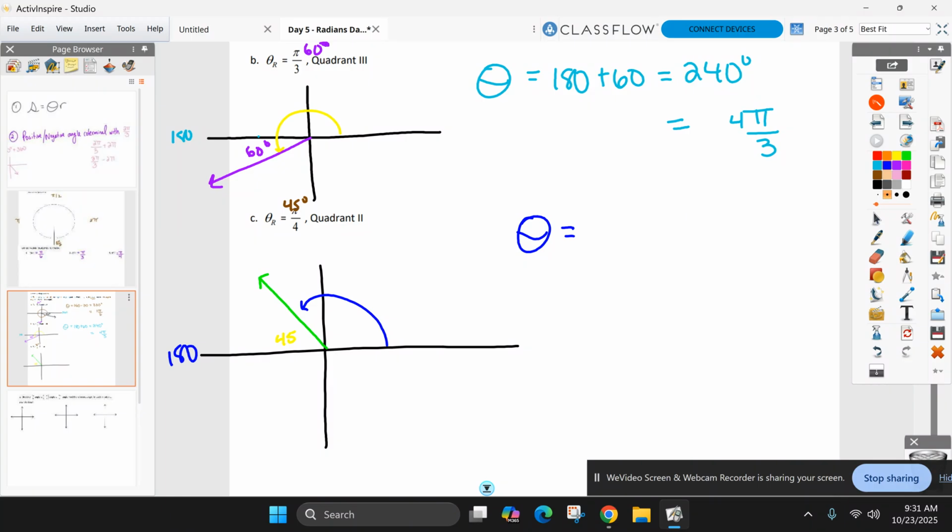Brent, if you did 90 plus 45, it's because 45 is right down the middle. But if that angle was 30, you can't do 90 plus 30. It just works because it is 45 and 45. And what's that end up giving me there? 135?